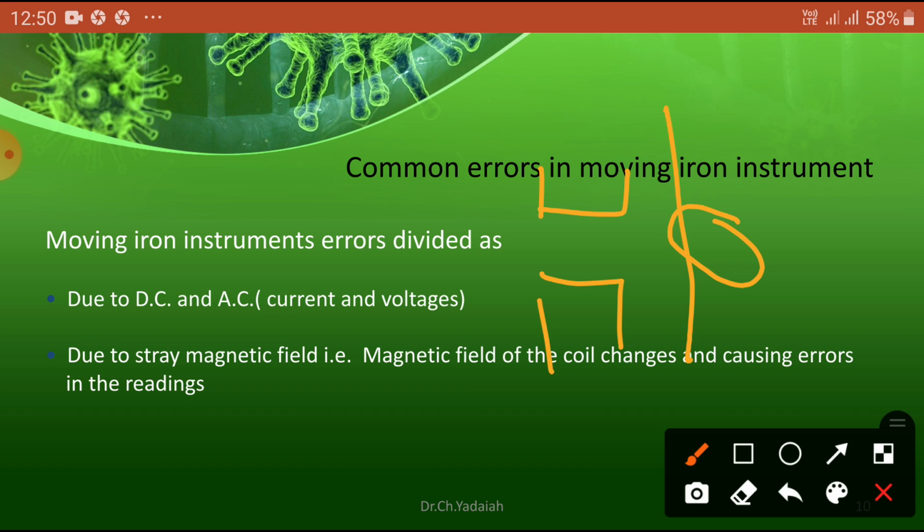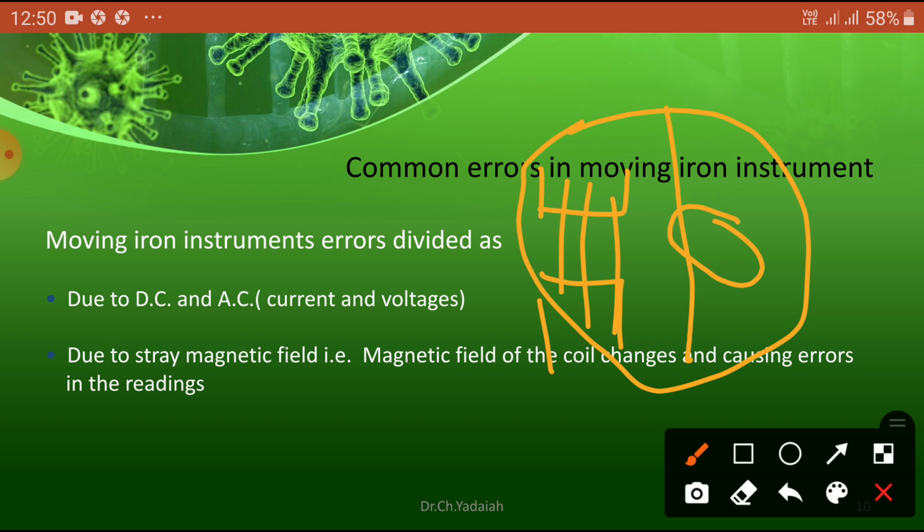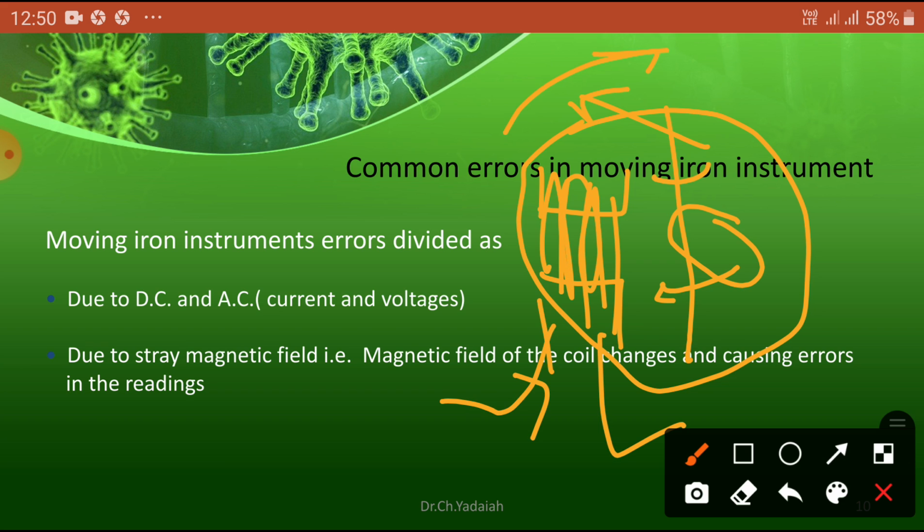This magnetic field acts on the iron piece, the oval-shaped iron piece tries to move in this direction, the spindle will move, then the pointer will move in this direction. That means whatever supply is given here, this is a coil and it produces the magnetic field, and that field tries to attract the oval-shaped piece inside this coil. Since it is attached to the spindle, it will rotate over a calibrated scale.